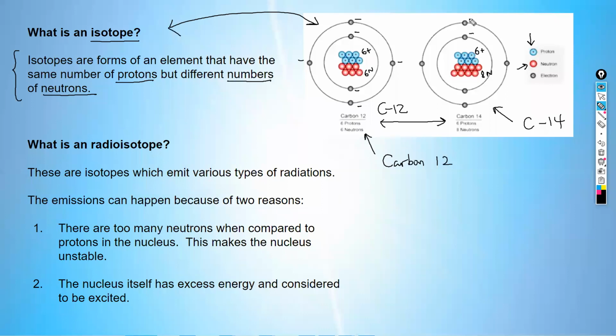Over here is 1, 2, 3, 4, 5, 6. Protons and electrons are always equal. Well, they are supposed to be equal. Right, so let me know when you're finished with the top note, the isotope and the diagram. Leave out the radioisotope. I want to explain that first before you write it down.